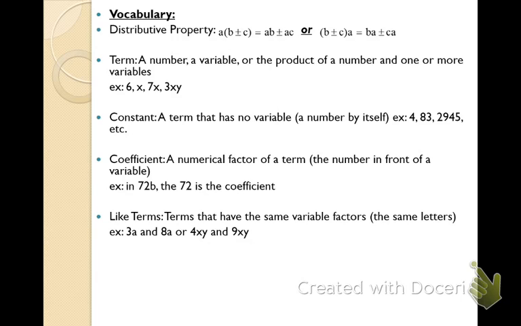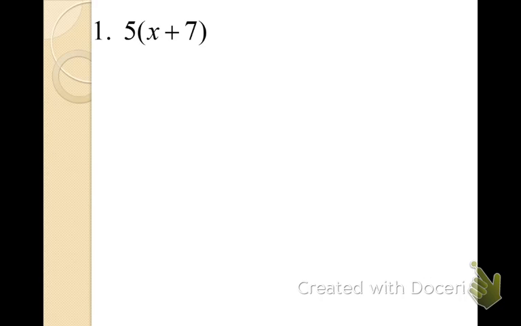Because multiplying, we don't really worry so much about the order. 4xy and 9yx would still be like terms. You probably won't run into that a whole lot just yet. But like terms are anything that looks alike, with the same variable factors.